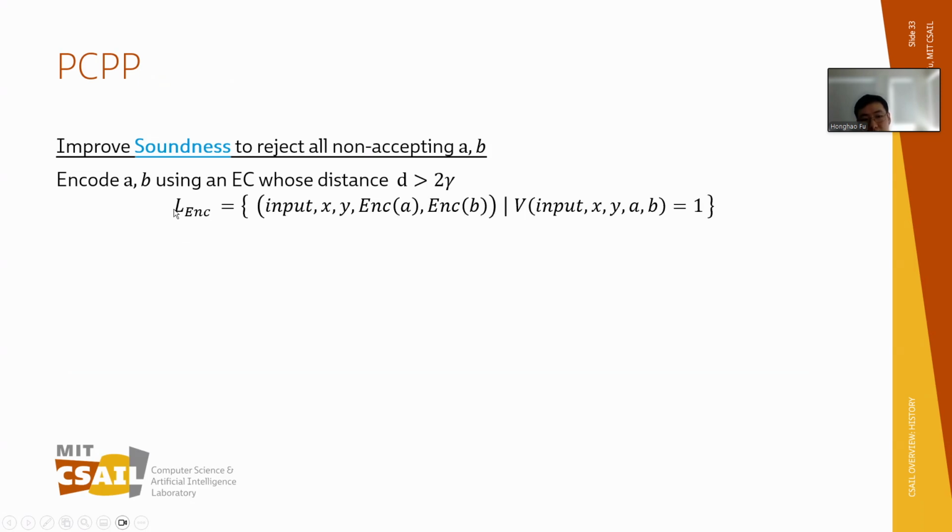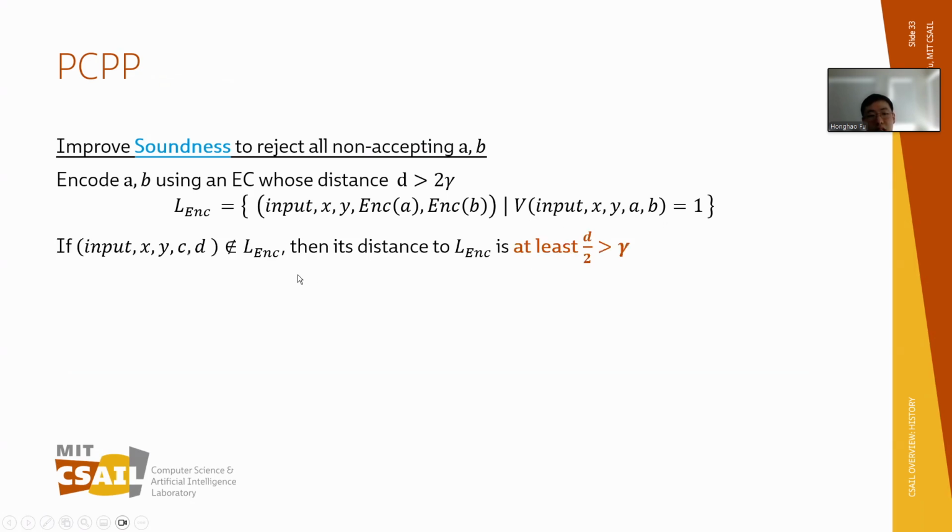So we define this language L-inc to be the tuple input XY, encode A, encode B, such that input XY, AB are accepted by the verifier. So if this tuple is not in L-inc, but C and D are actually valid encodings of some code word, then the distance from this tuple to L-inc is at least D over 2, which is bigger than gamma.